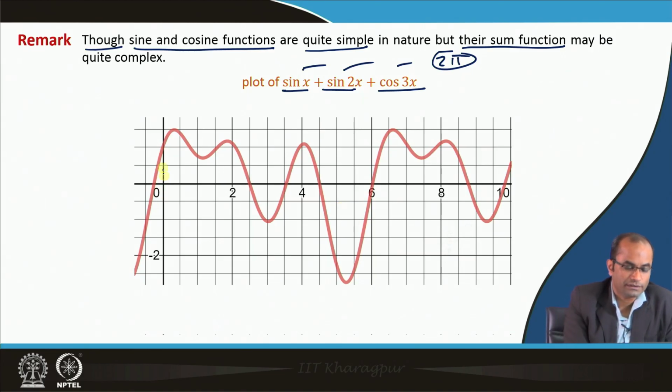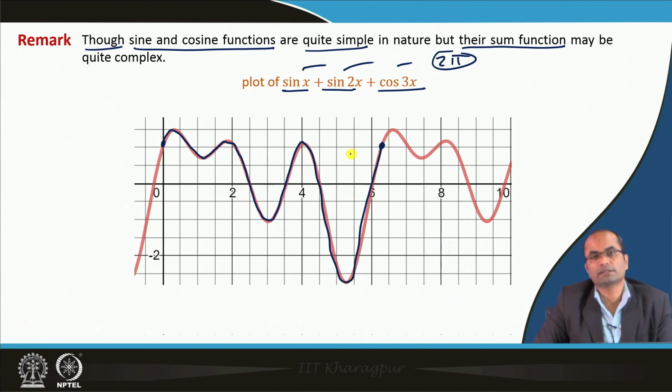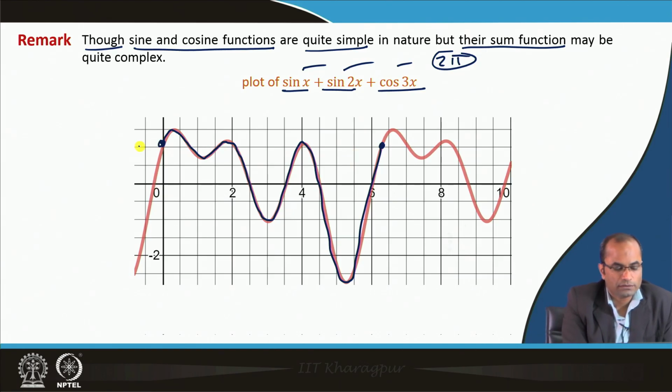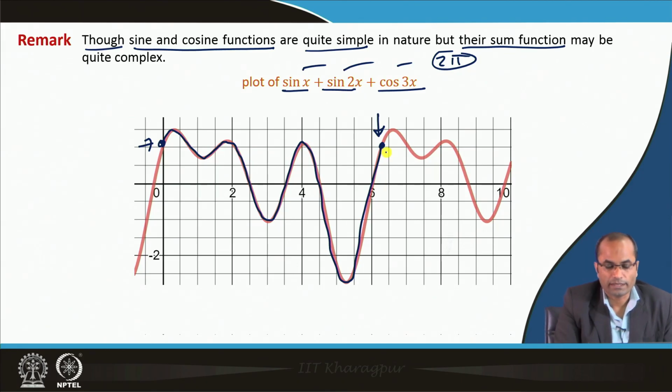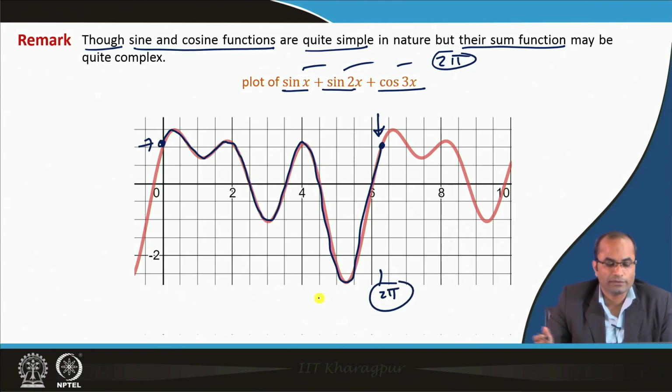Here, for instance, if this starts from 0, it has this curvature and then goes up to 2π, and then again repeats its value. So, in one period the function starts from here and continues up to this point, and then it repeats its value, covering one period, that is 2π.